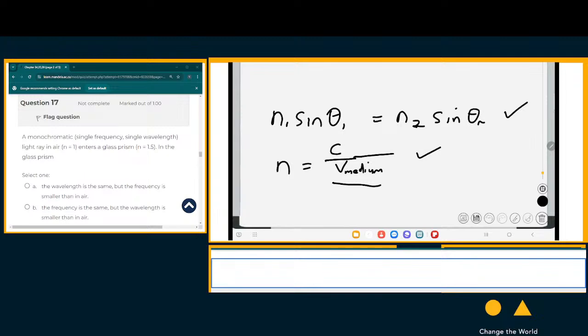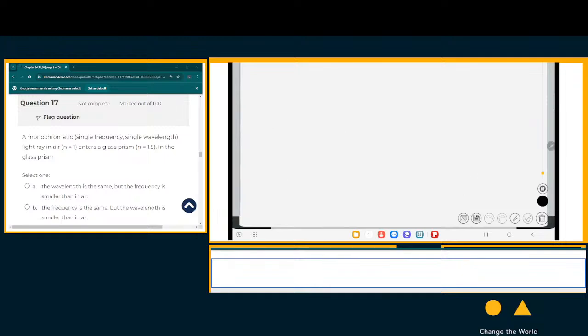Taking that into account, n will always be bigger or equal to 1. It can never be smaller than 1, because there is no medium in which light will travel faster than 3 times 10 to the 8 meters per second. So that is Snell's law in a nutshell.